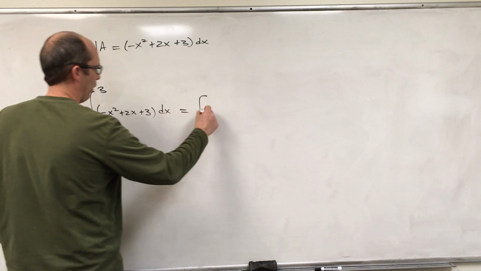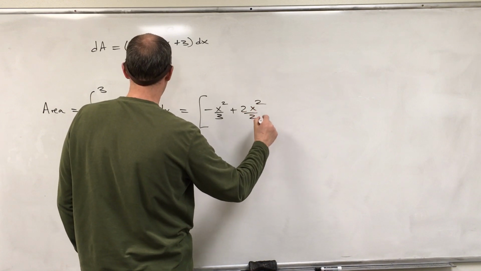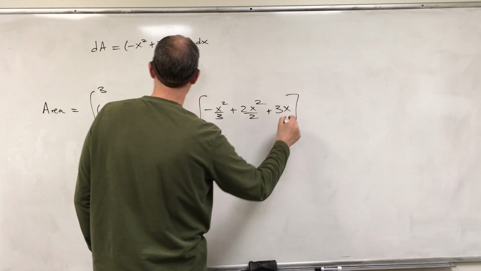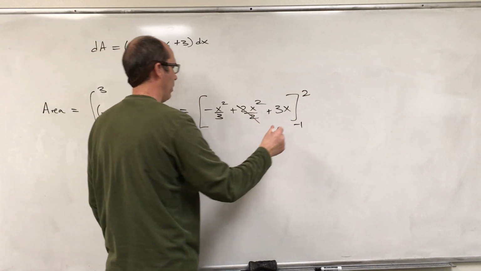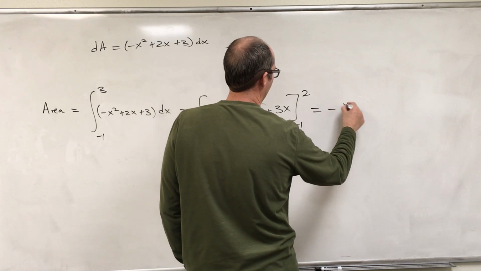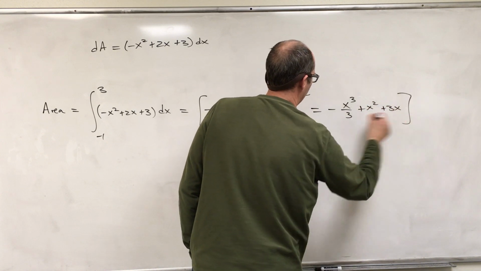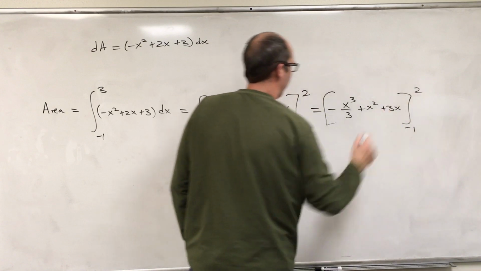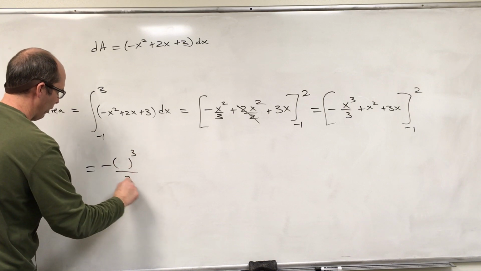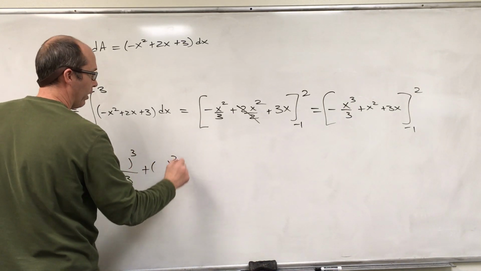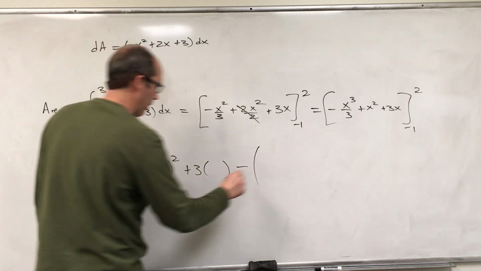Let's see, negative x squared over 3 plus 2x squared over 2 plus 3x from negative 1 to 2. Just see if we can cancel those there. So we've got negative x cubed over 3 plus x squared plus 3x from negative 1 to 2. Negative something cubed over 3 plus something squared plus 3 times something, minus, write it again.